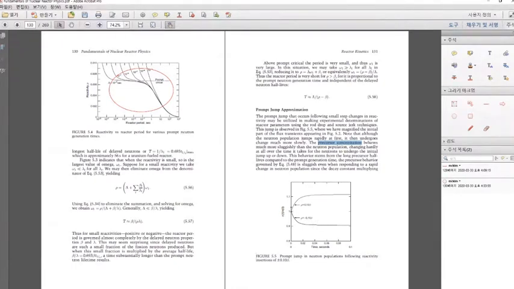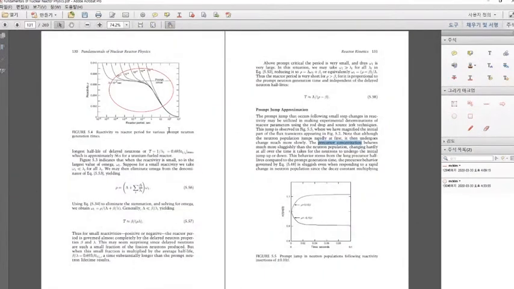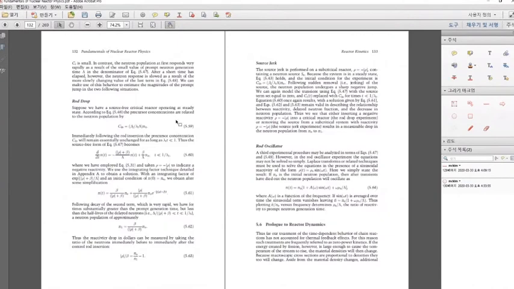So it increases to some point and then maintains some value. We are going to use this property to analyze the magnitude of prompt jumps.